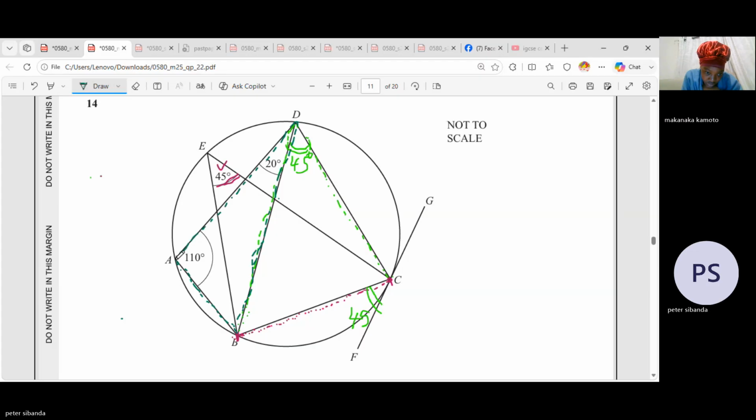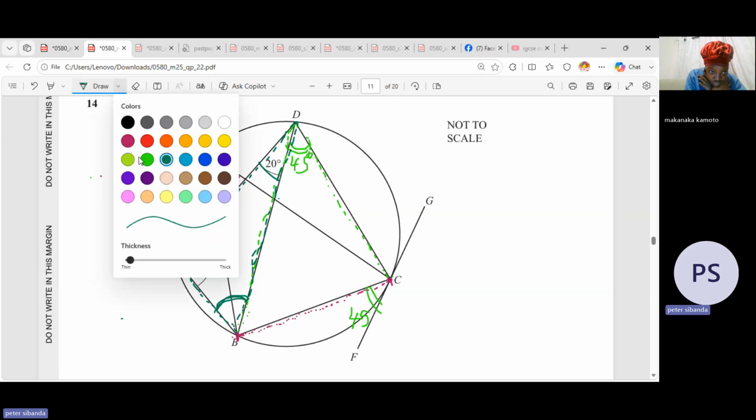Why did I choose that one? I can see that this angle is given and this angle is given. Only one angle is not given, this one. I'm ignoring line BE; for that triangle, line BE doesn't exist at the moment. I'm focused on this triangle, and we have to find that angle.